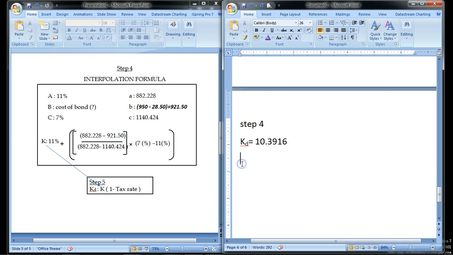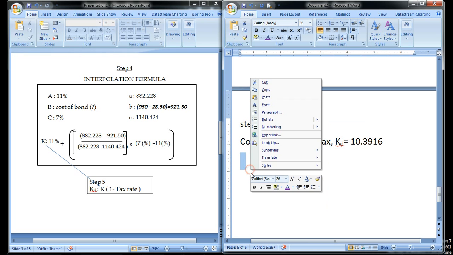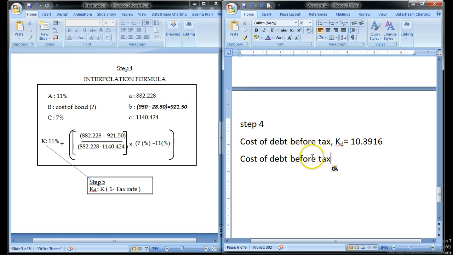No, this is not cost of debt. This we call it as cost of debt before tax. We want to find cost of debt after tax.